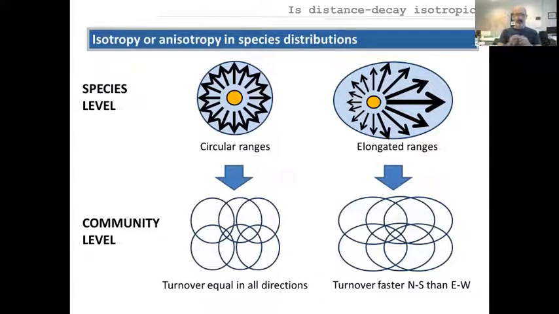Here is a very simplified toy model, just to show the intuition behind this relationship. If all ranges are circular, turnover would be equal in all directions, and if distribution ranges are elongated, turnover would be faster in the other direction.